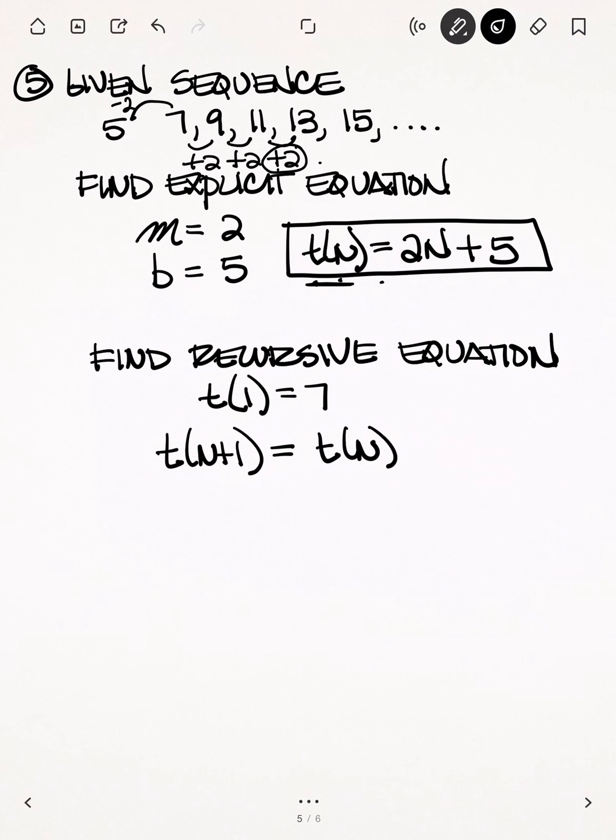So I'm going to add 2 here. And that is my recursive equation. My recursive equation will always have the term I'm looking for equal to the term right before it, and then I'll always put my slope. I will always put my sequence generator last. And that will tell me how to go from this term to that term.